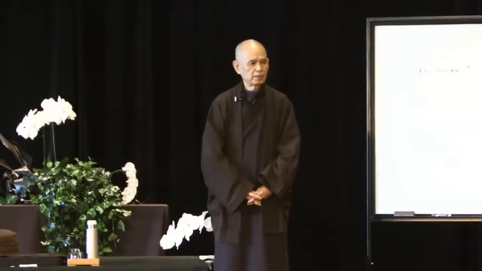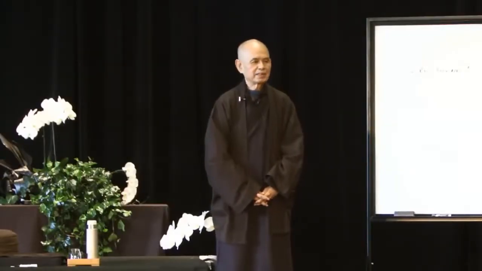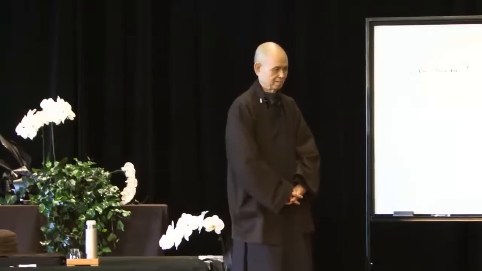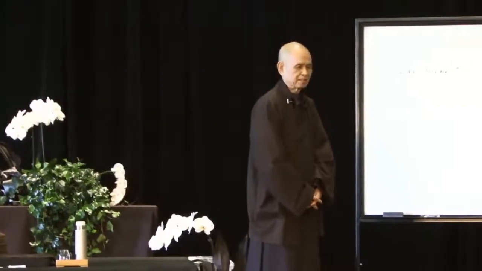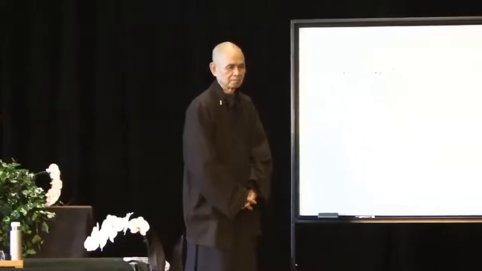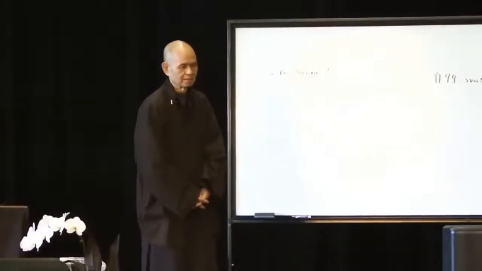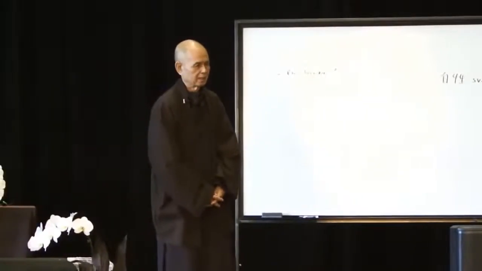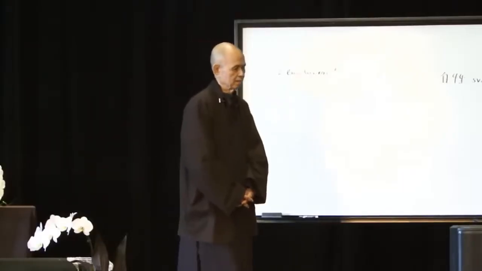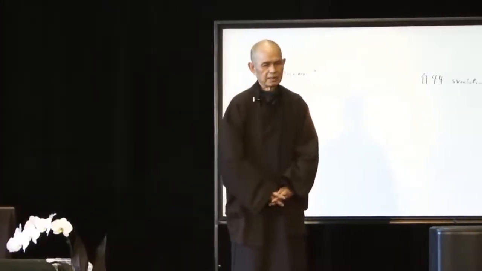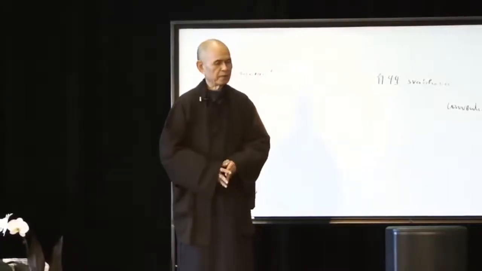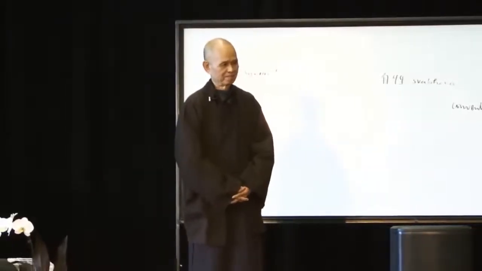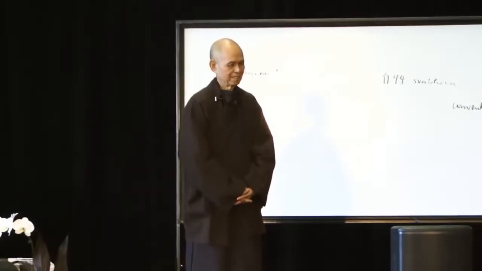If it's not blowing, it's not the wind. And we say the rain falls. Imagine a rain that does not fall. If it does not fall, it's not the rain. So you can say there is rain there, but you cannot find a rainer.